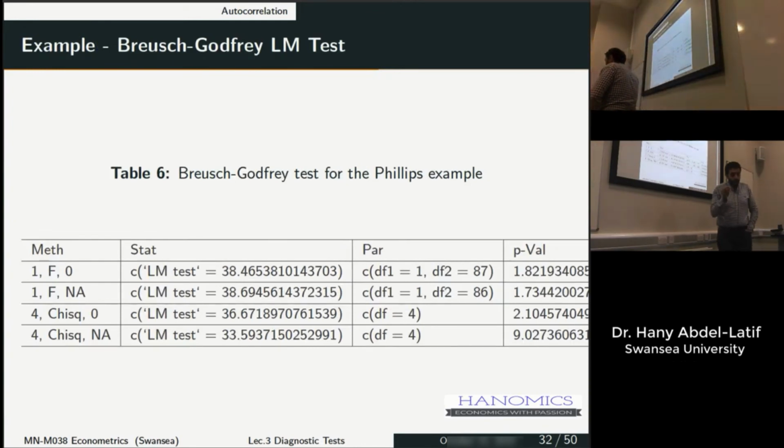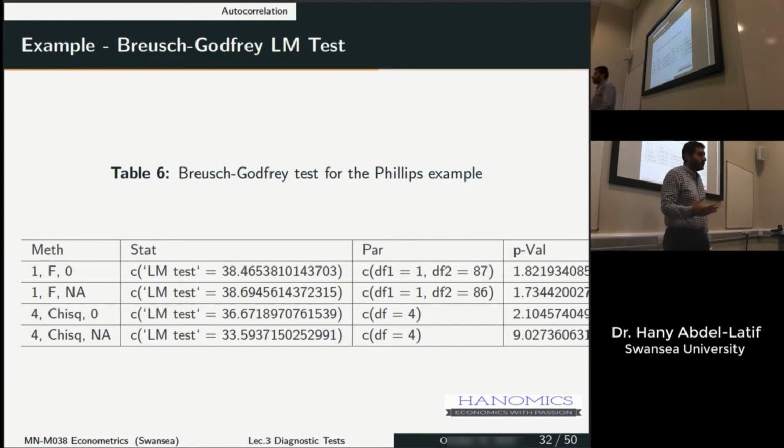Just to summarize, what is autocorrelation? What do you mean by autocorrelation or serial correlation? Yes, the error terms are correlated. And is this problem likely to be in cross-section or time series data? Time series data. Okay? So how to detect it? We talked about formally testing for it, with two tests.